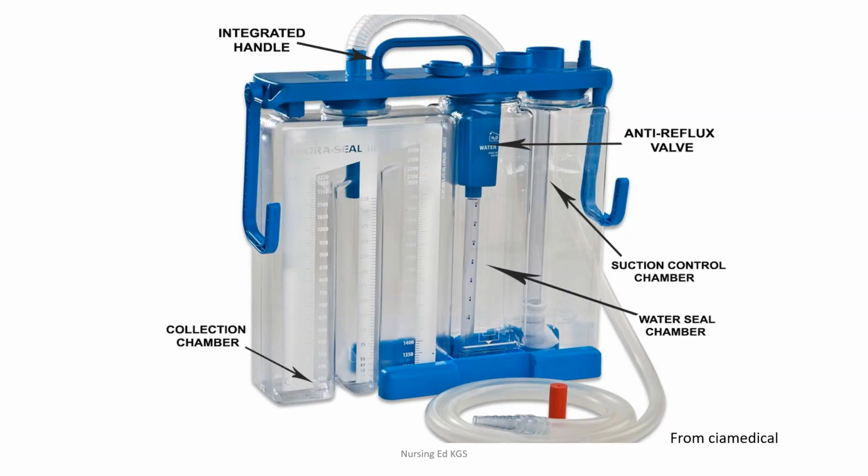The other type of chest tube drainage system is the water suction unit. These units use water in the suction control chamber in order to control the suction pressure. In these types of units, there are one-way valves within one or multiple chambers that help to remove air or fluid and also prevent the return of the air or fluid back into the patient.